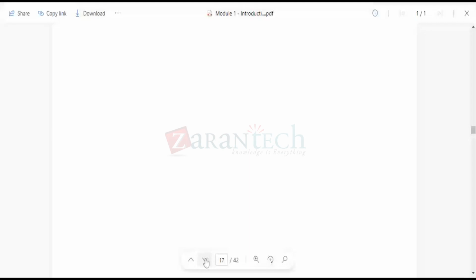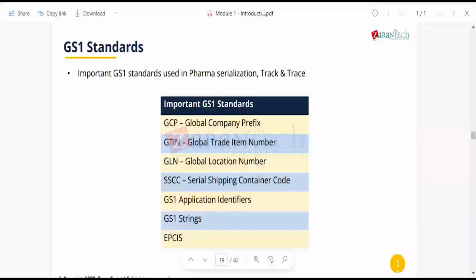This is something we should know, and it is an important slide from the ATTP perspective. These are the list of important GS1 standards. These are not the only GS1 standards, but from an ATTP-specific perspective, these are the ones which we should know.